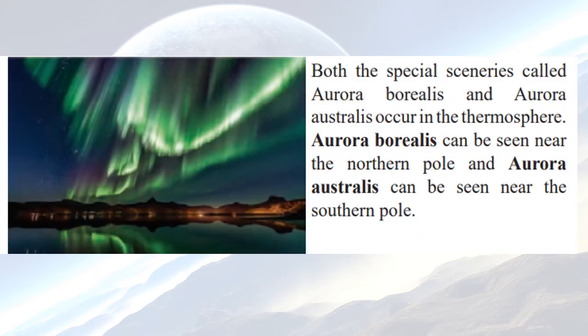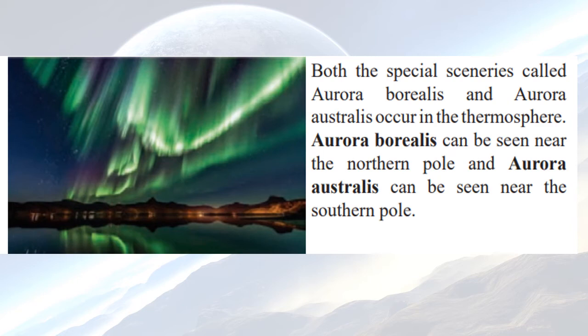Aurora borealis and aurora australis. Both of these scenarios occur in the thermosphere. An aurora is sometimes referred to as the polar lights. Aurora means a polar light, or we can also call it northern light or southern light.